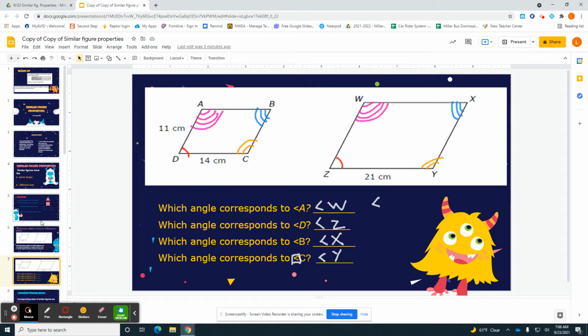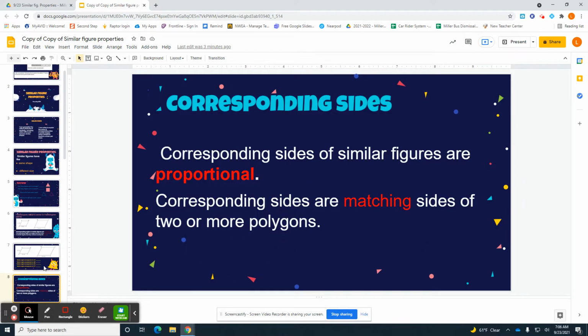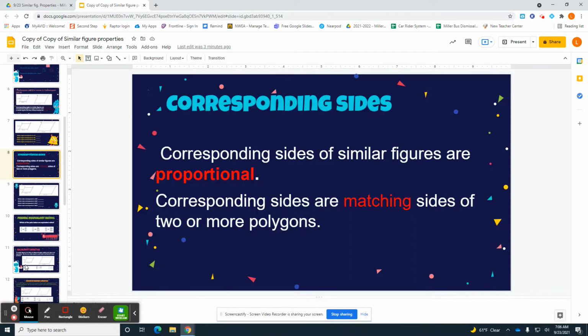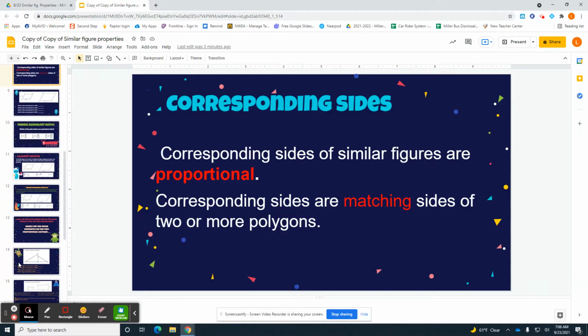All right, going on to our next slide. Let me scroll up on here because we're going already towards the bottom. All right. So it says corresponding sides. Corresponding sides of similar figures are proportional. Corresponding sides are matching sides of two or more polygons.